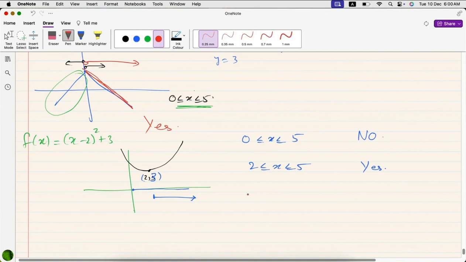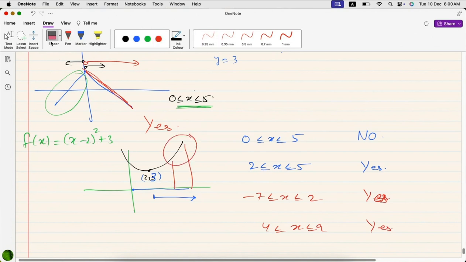If I say we draw from minus 7 less than or equal to x less than or equal to 2, that's again a yes, because the other side of the turning point is discarded. If we draw from 4 to 9, that's again yes, because 4 is somewhere here, 9 is somewhere here, and within this region, there's no turning point.